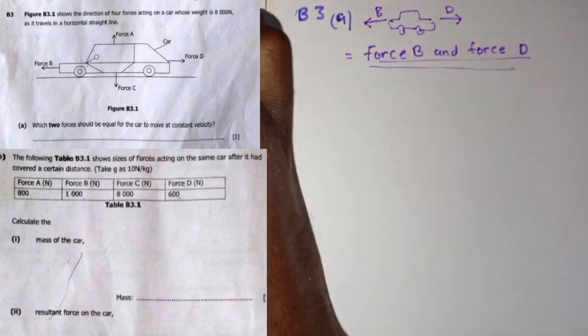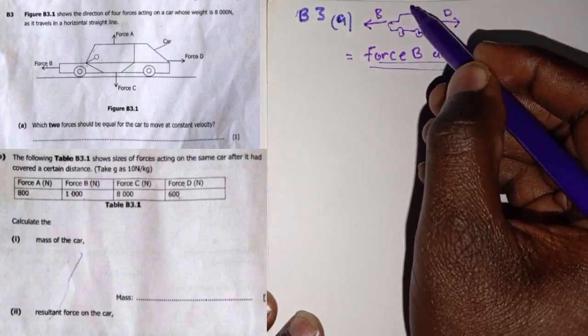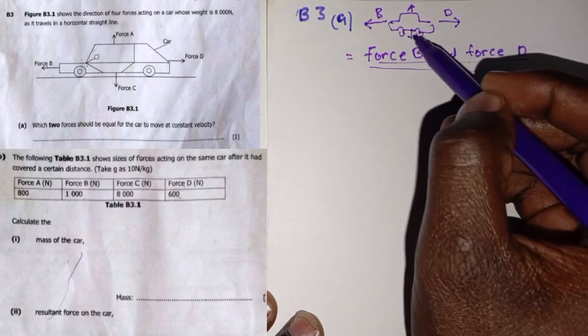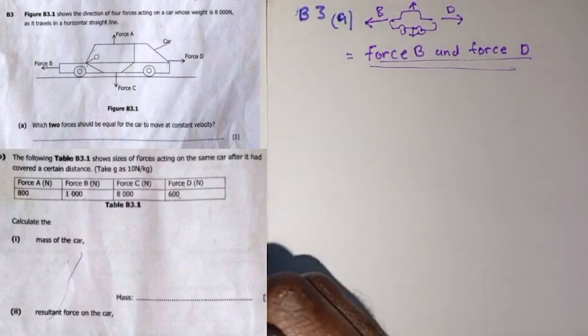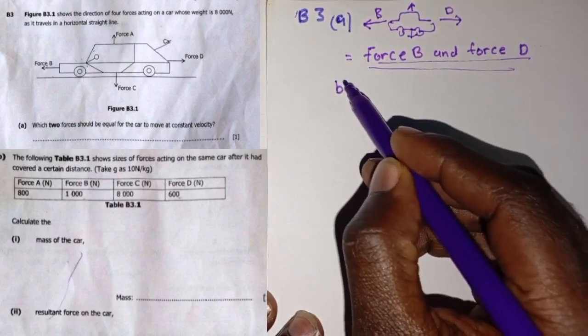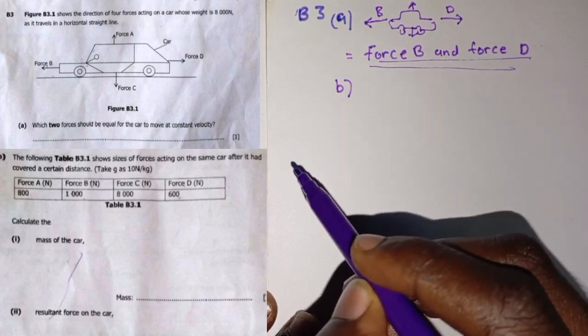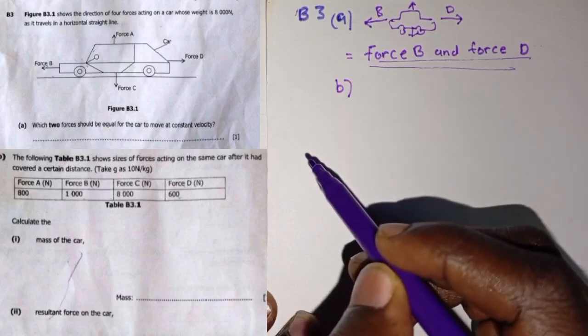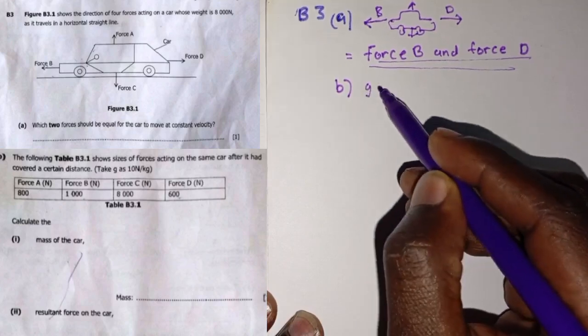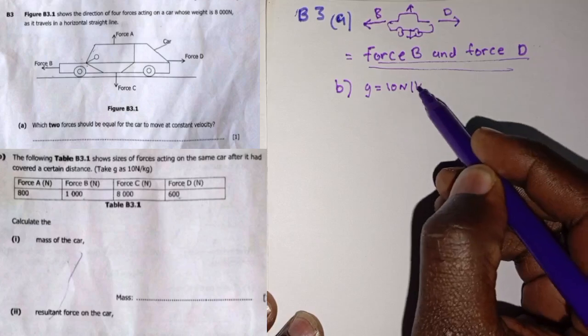Okay, then question B now, still on the same. So we had the force up and we had the force down. Question B says calculate the mass of the car. Remember we are told that we should take gravity as 10 Newton per kg.